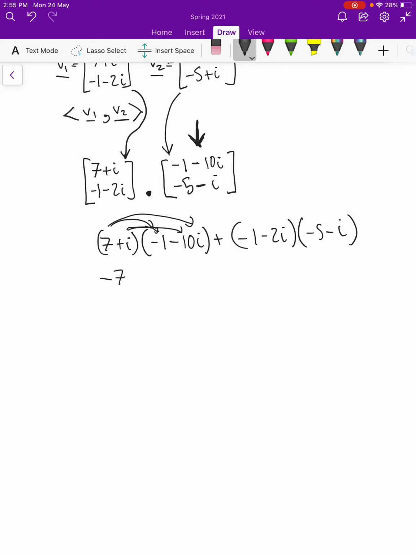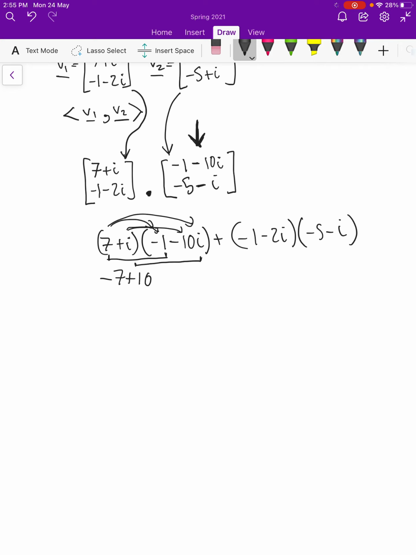Minus 7. I like to first take this and then take this because those are our real parts, since i squared is negative 1. Okay, so minus 7, and then i squared is going to be minus, and we're going to have a negative 10 multiplied by 1, so that's negative 10, so we're going to have plus 10.